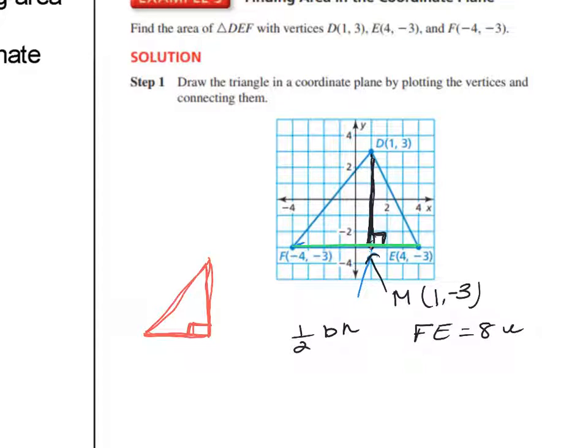You guys know which one's the base and the height, right? Okay. And then how tall is my height? DM. 6 units? That's what we got. 1, 2, 3, 4, 5, 6 units. And so now I just plug it in the formula, right? 1/2 times 6 times 8, which is just 3 times 8, which is 24 units squared.